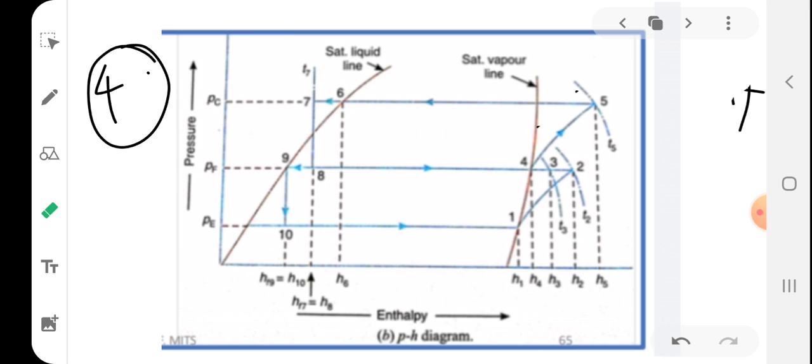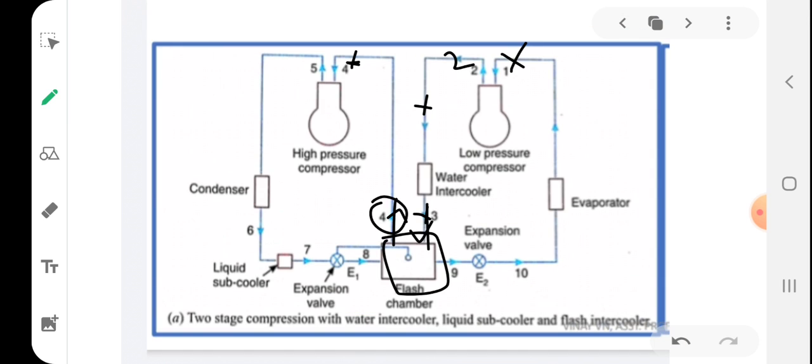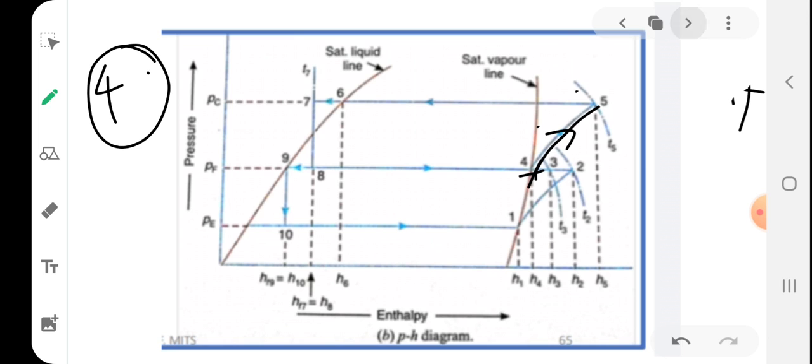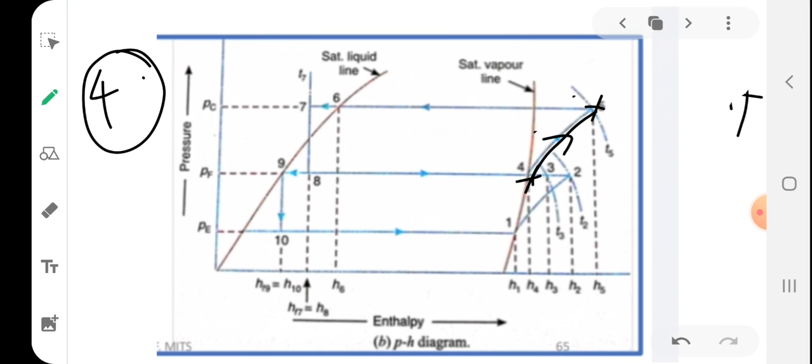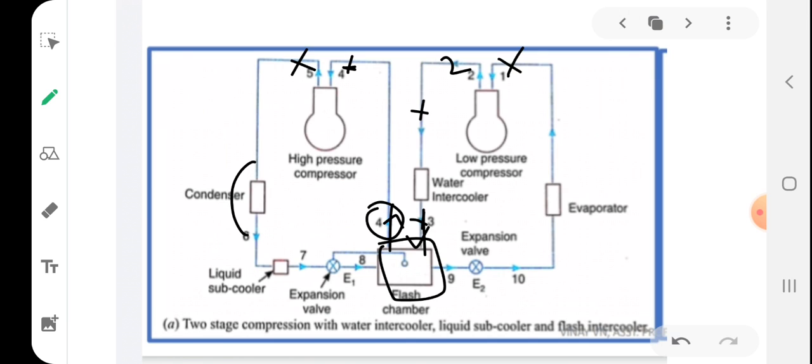Okay. So after flash intercooling, from 4 to 5, state 4 enters the high pressure compressor and gets compressed to 5. So it reaches 5. This pressure is the condenser pressure. At condenser pressure, it gets condensed to 6.